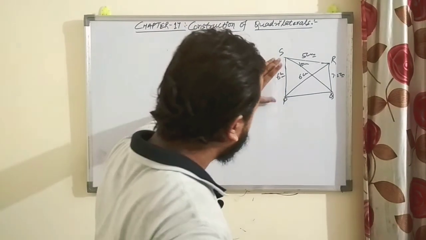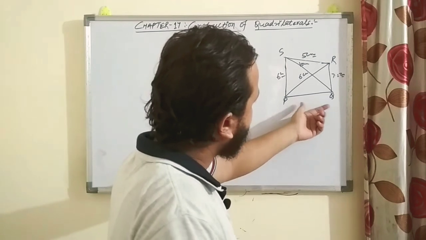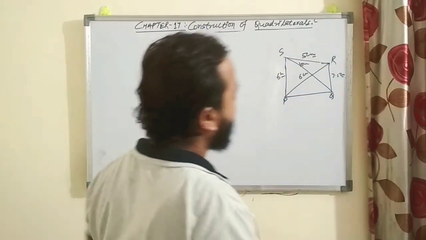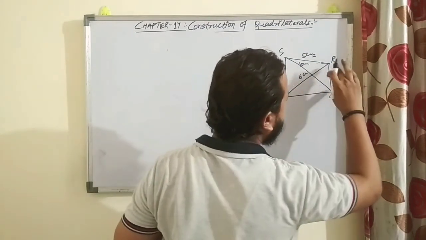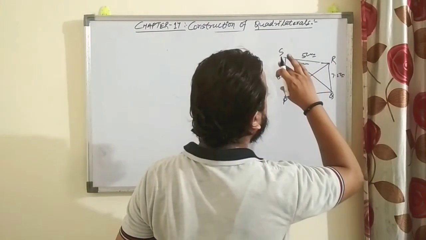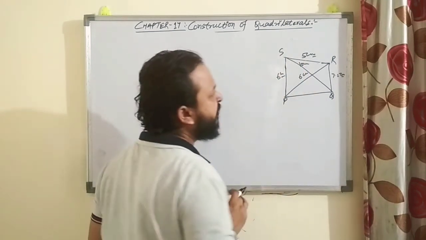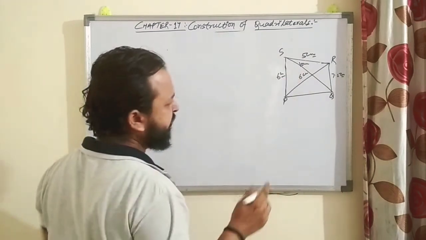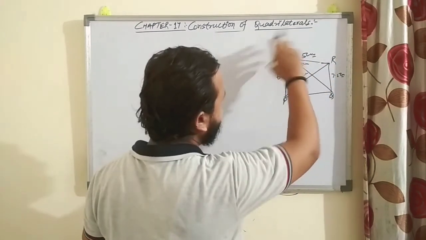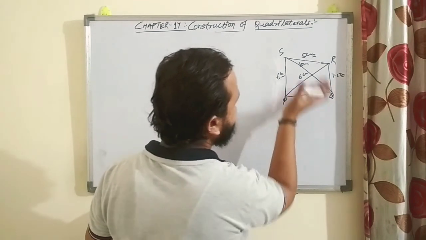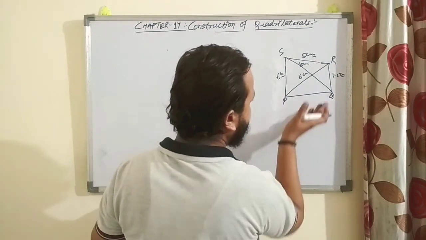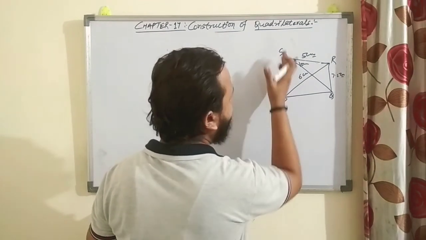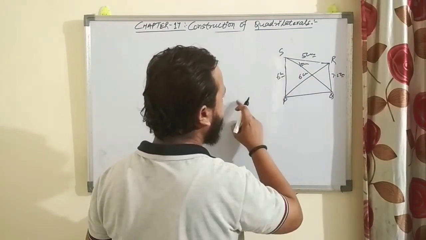So now this length is not given, so you either just rotate it, or you take QR as a base or PS as a base, right? You can take PS as a base, so the figure is converted, means just rotate it 90 degree in the anti-clockwise direction. So this point comes to here.